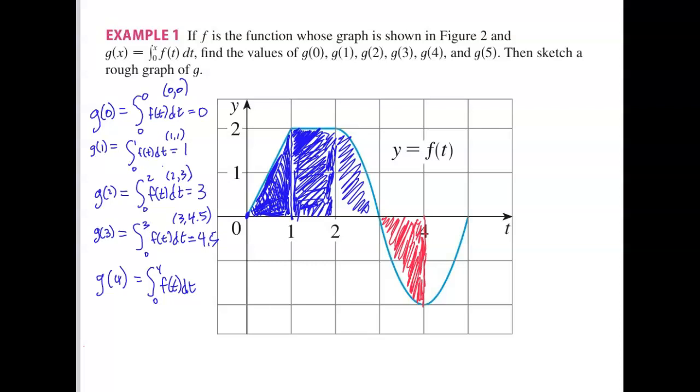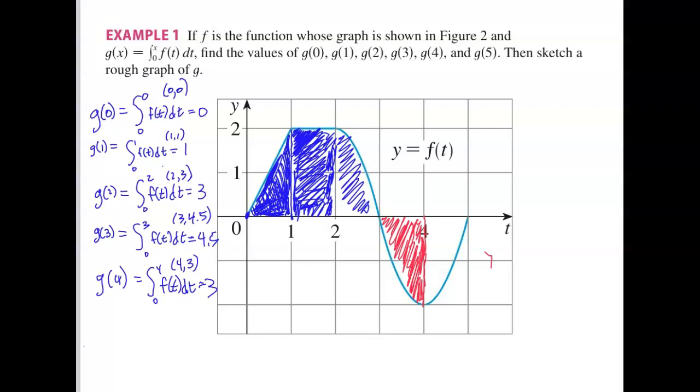Why? Good. This negative area is going to cancel out this positive area, right? Which is basically just going to leave me with this, which was 3. Does that make sense? I agree with Dylan, 3. So g of 4 is 3. That gives me the point 4, 3.